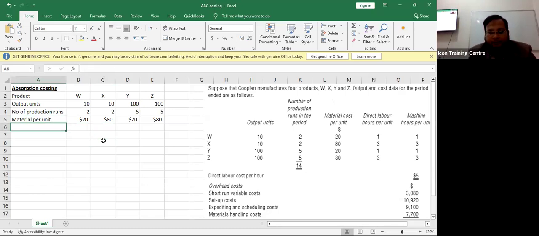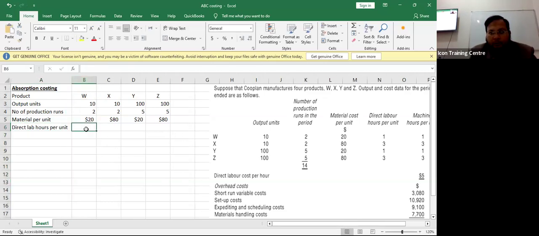After that, direct labor hours per unit. How many direct labor hours per unit do we require? 1, 3, 1, 3. And similarly machine hours per unit: 1, 3, 1, 3. So far I have just copied all the data here, right?